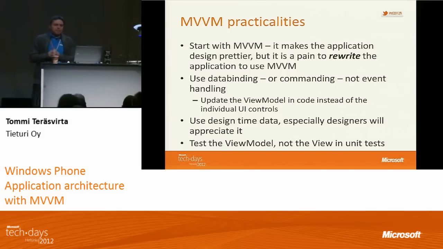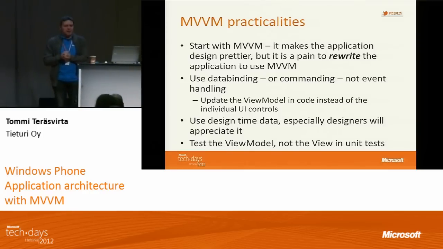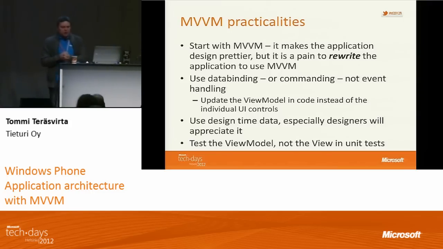Design time data. That's pretty neat. So when you have data binding in an application, it means that the data you show in your UI is actually kept someplace else in the code. So you need to execute code to actually have that data. Now take a list box, for example, where you're trying to show, let's say, a list of people. The traditional classical example. And you have a designer working with a list box that's completely empty.